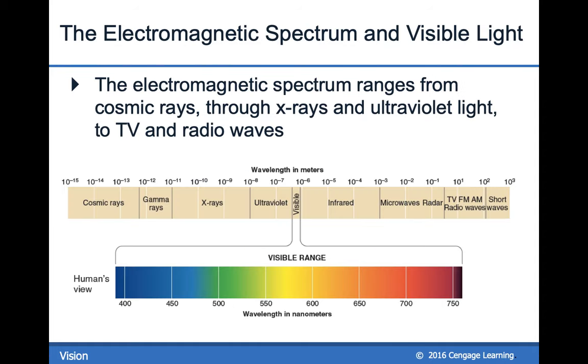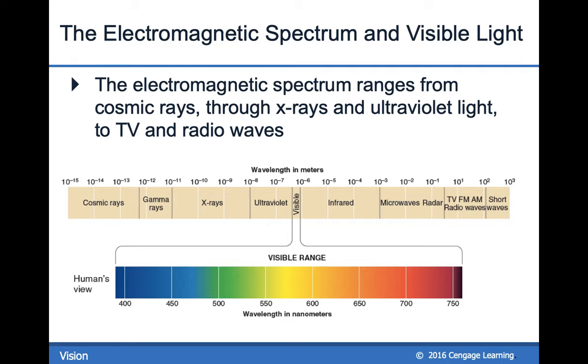And the distance between amplitude points is the color that we're perceiving. So going back again to the wavelength, that is based from the electromagnetic spectrum of visual light. The electromagnetic spectrum ranges from cosmic rays through X-rays and ultraviolet light, TV, and radio waves.